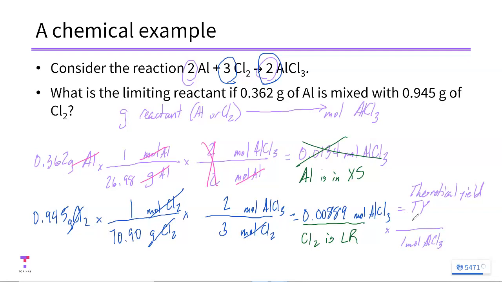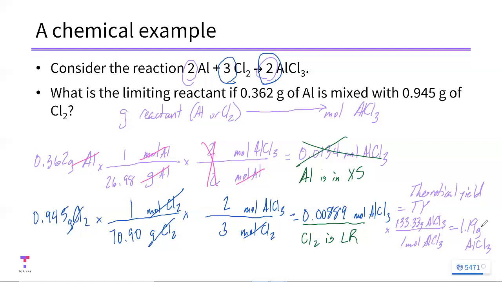And so for that, 26.98 plus 3 times 35.45, 133.33. Would give me 1.19 grams of aluminum chloride. So I could take theoretical yield.